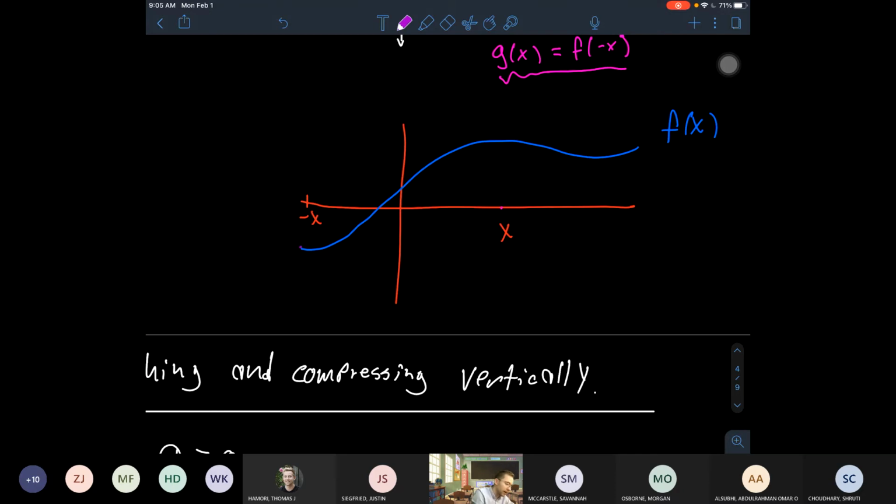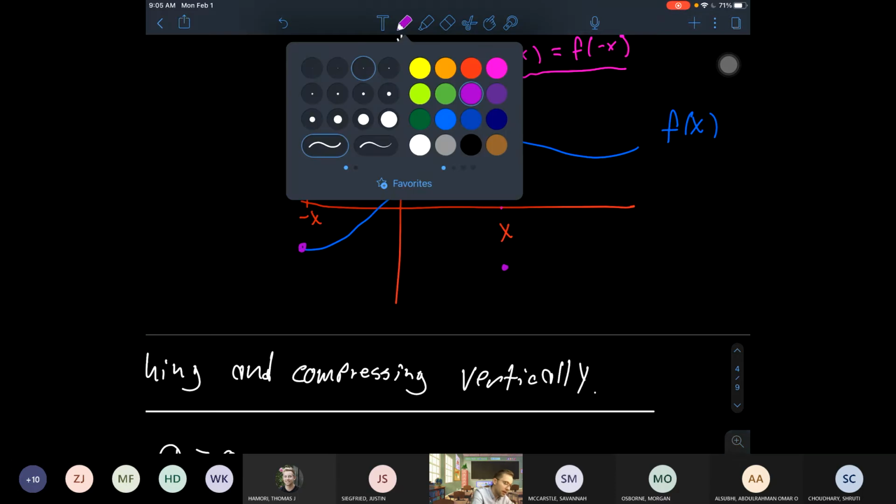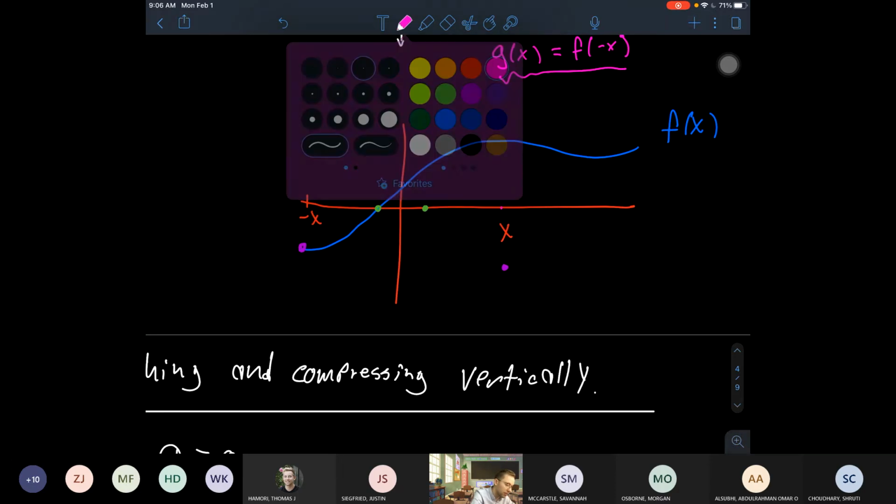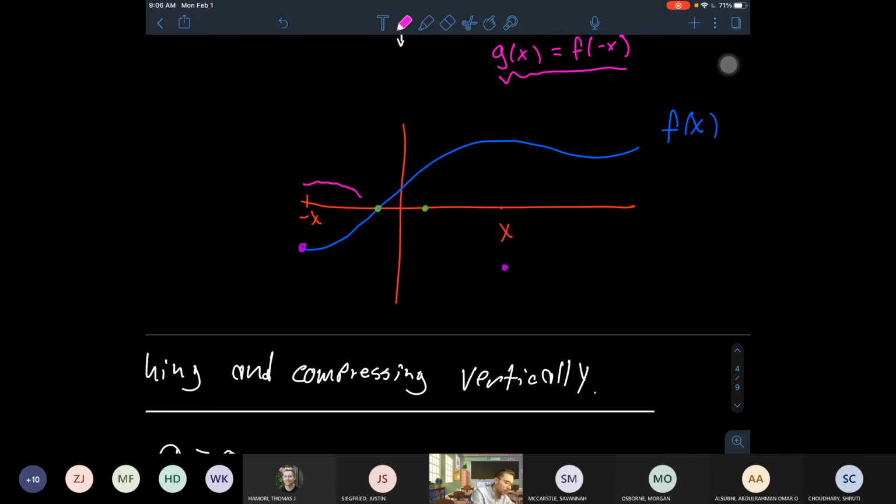So this point here is going to get copied over here. This green point right here is going to get copied over here, and so on and so forth. And so g of x is going to wind up looking like an exact mirror image of this.